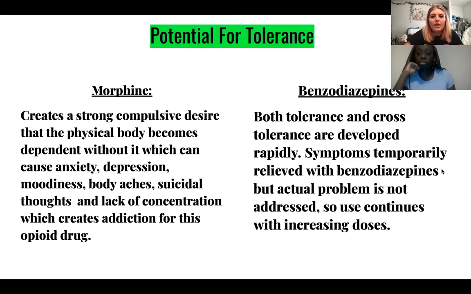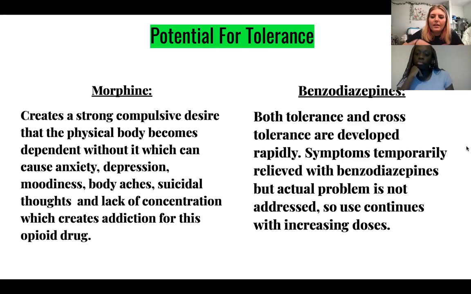Yes, I believe I mentioned this before, but tolerance to benzodiazepines can develop very rapidly, and cross tolerance can as well. Benzodiazepine is a depressant, and if you already have a tolerance to another depressant, such as alcohol, you'll have a tolerance to the benzodiazepines.